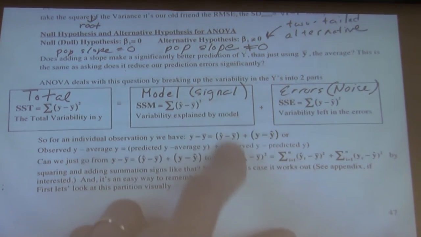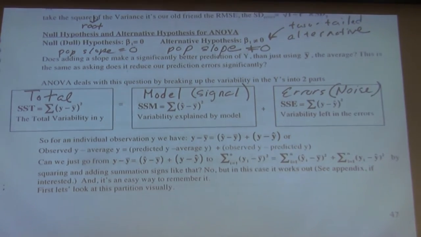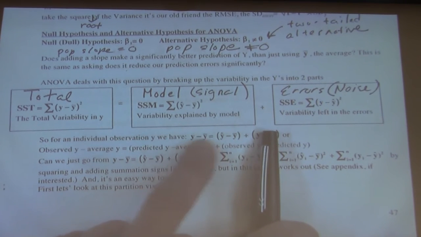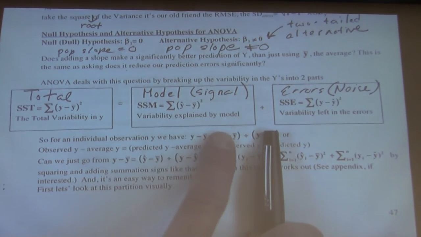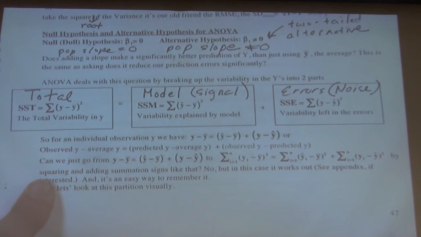So this is how much of an improvement our model made, and this is how far off we are from our model. And you can see it's a tautology here: y minus y bar equals y minus y bar. That's all that says.